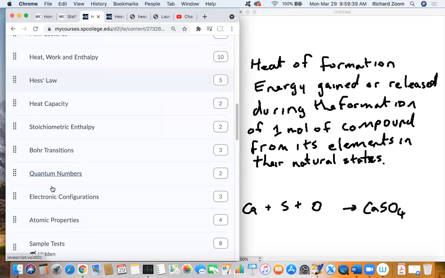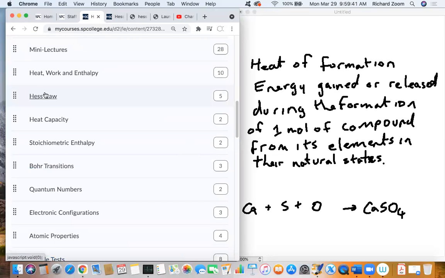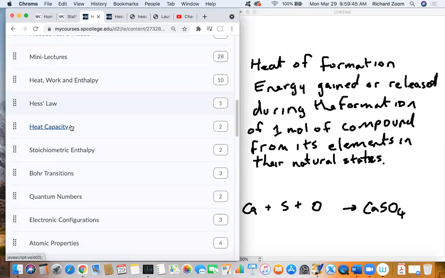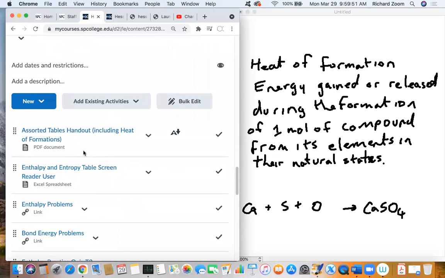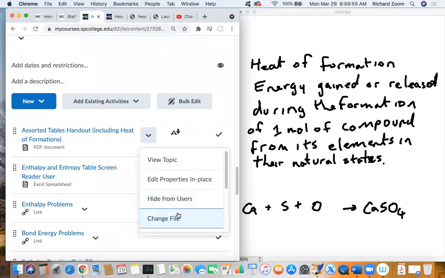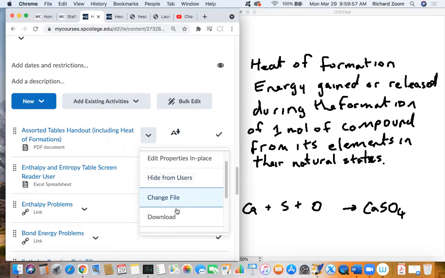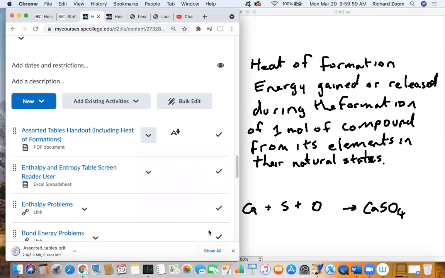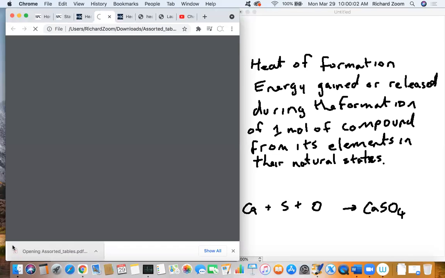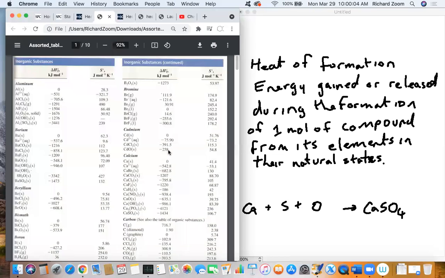Test 3. I'm just opening another instance of this so I don't have to close down the quiz. All right, and these tables, which you don't have to memorize, of course, by the way. And there's a copy of this table in the heat, work, and enthalpy folder.